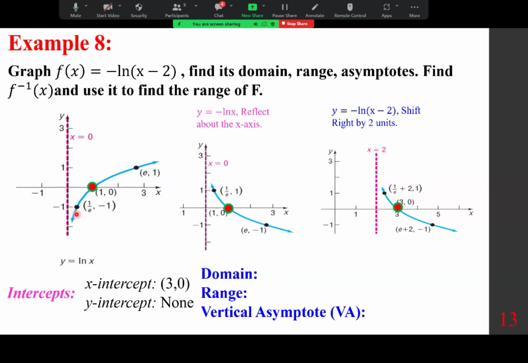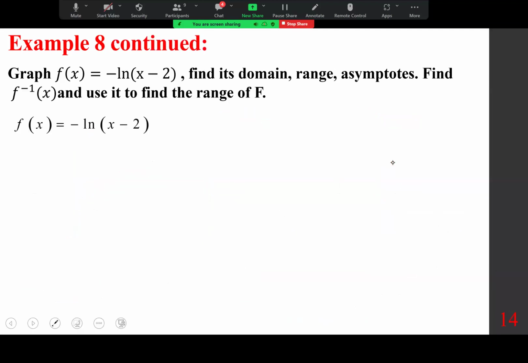The vertical asymptote was the y-axis in these two cases, but here it is x equals 2. All right.